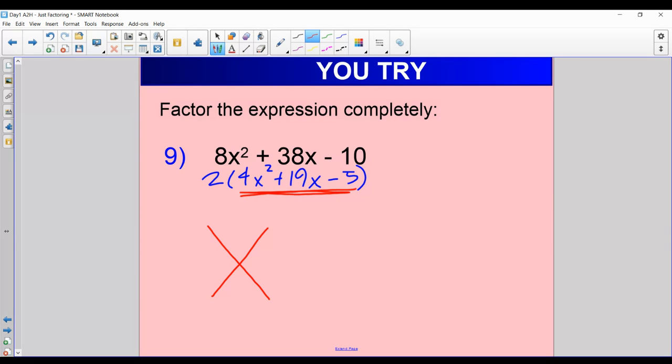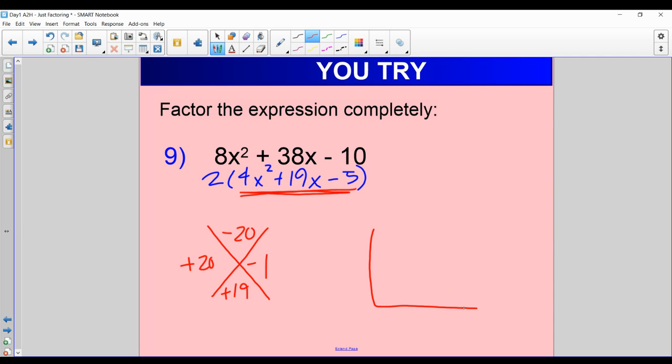So 4 times -5 gives me -20. And then I've got my plus 19 from the middle term. Two numbers that multiply to be -20 and add to be positive 19 are going to be positive 20 and -1.